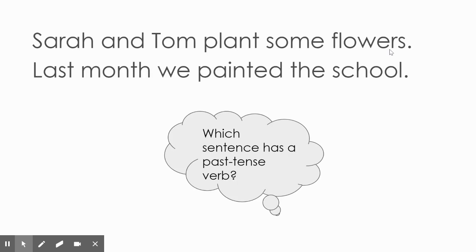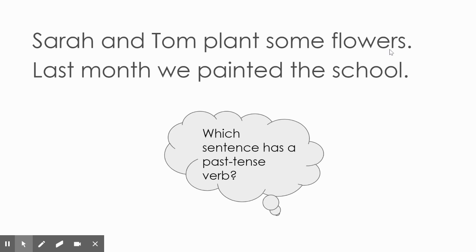Let's take a look at these two sentences. Listen as I read them aloud. Sarah and Tom plant some flowers. Last month, we painted the school. Which of those two sentences has a past tense verb in the sentence?